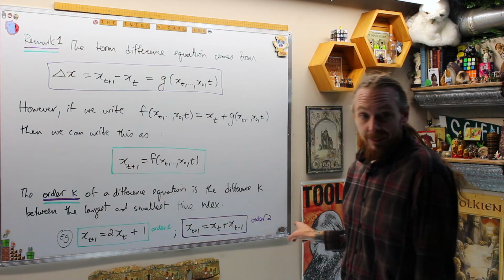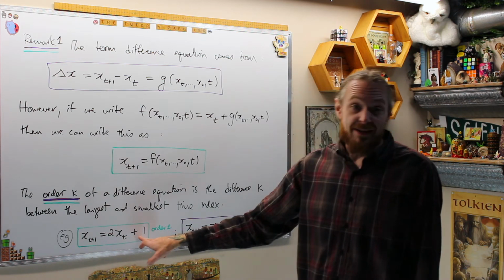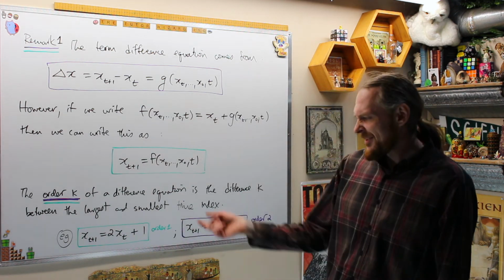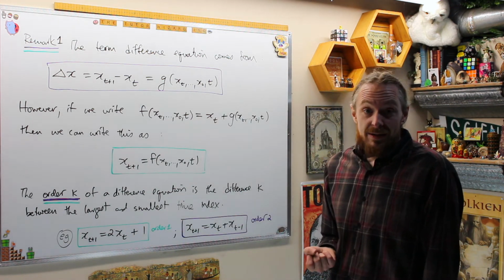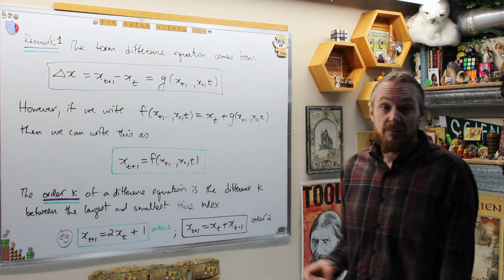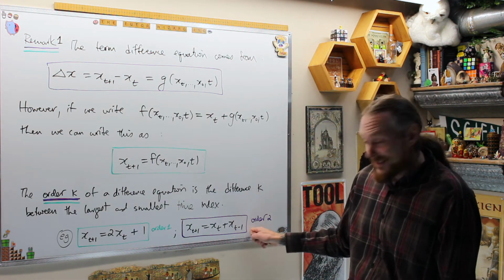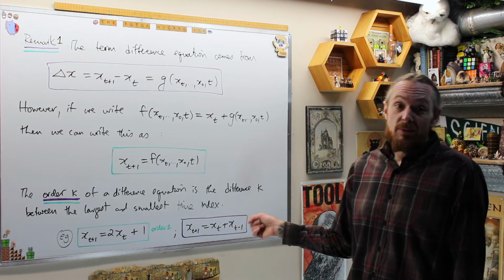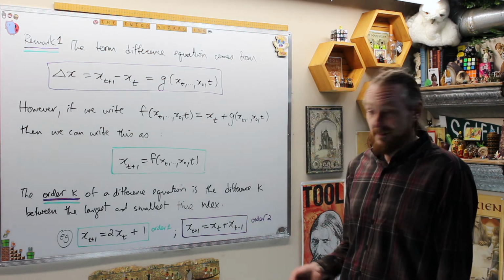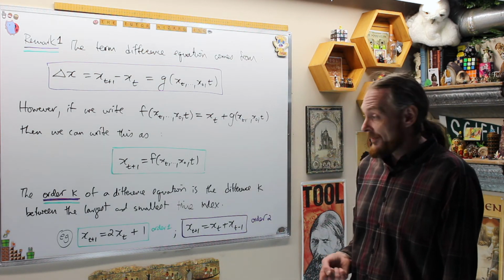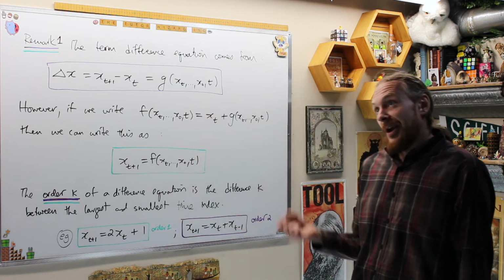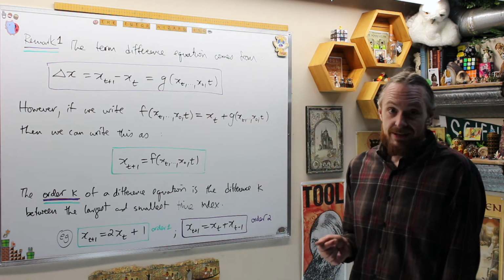As a couple quick examples, this one, you'll see in the next videos, is how we set up the recurrence relation or the difference equation for the number of moves to solve the Tower of Hanoi. And this is the classic one. This is how you breed rabbits or bees and stuff like this. This is going to be the Fibonacci numbers, or Fibonacci sequence, or Fibonacci difference equation now.